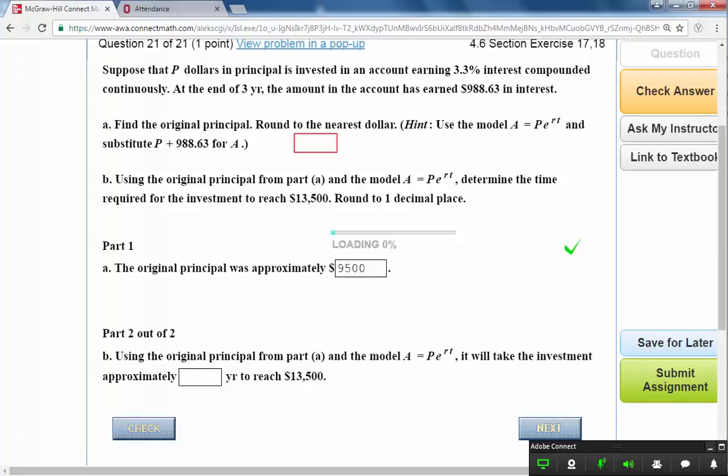It's asking from the original principal. Already in 3 years, it's becoming about 10 grand and some change, almost 10,500. I was going to start from there, but we don't have to. Let's start 3 years before and count how many years to get that goal.